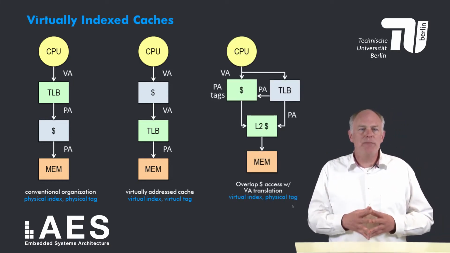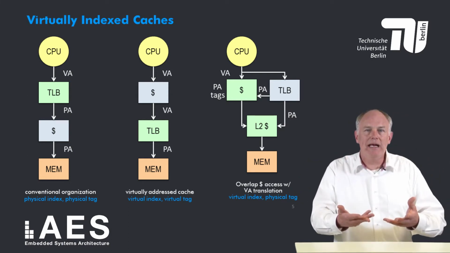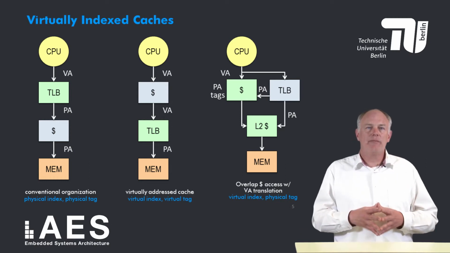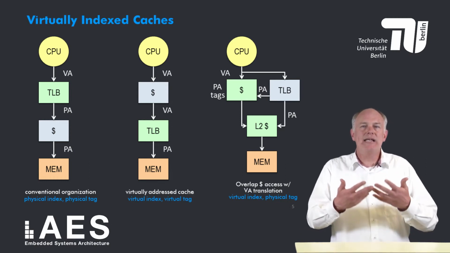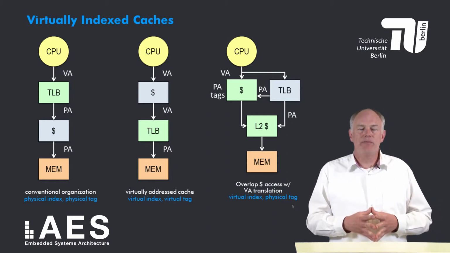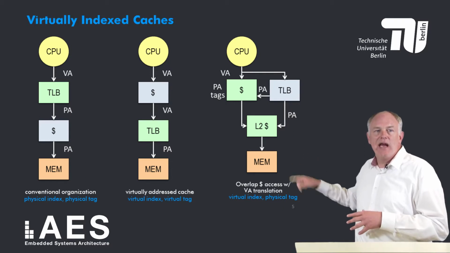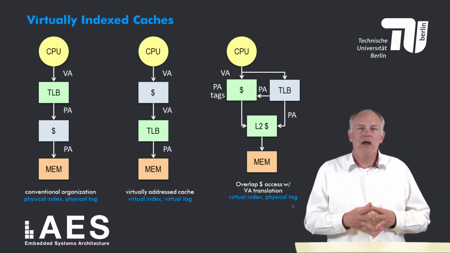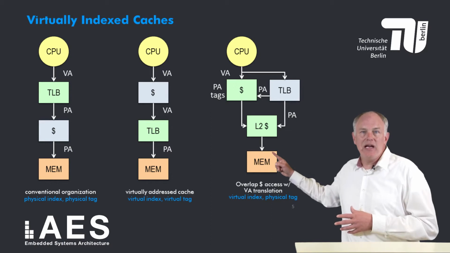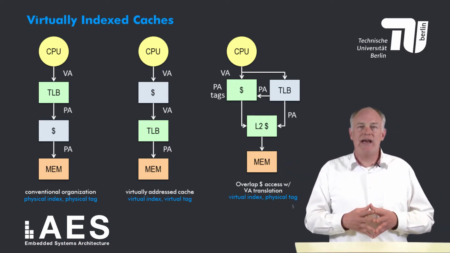The third possibility, illustrated here, is to use the virtual index and the physical tag. This allows the cache access to begin immediately with the virtual index. At the same time, the TLB is accessed to get the physical address. When the physical address is available, its tag part is used for the tag comparison.